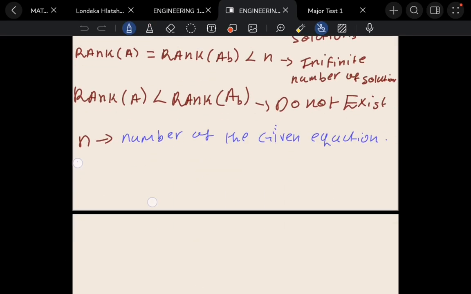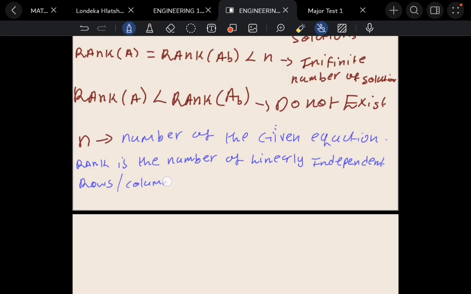Just remember that the rank is the number of linearly independent rows or columns in a matrix, which means those columns or rows which are totally different from one another.